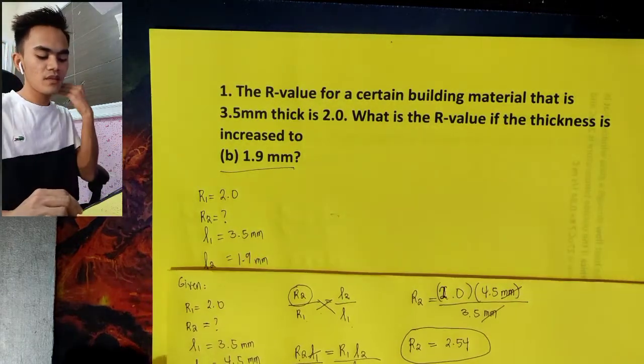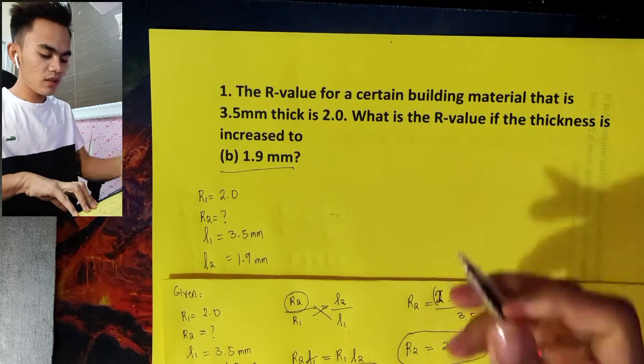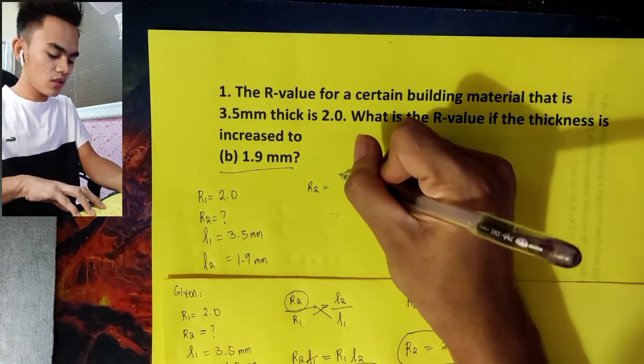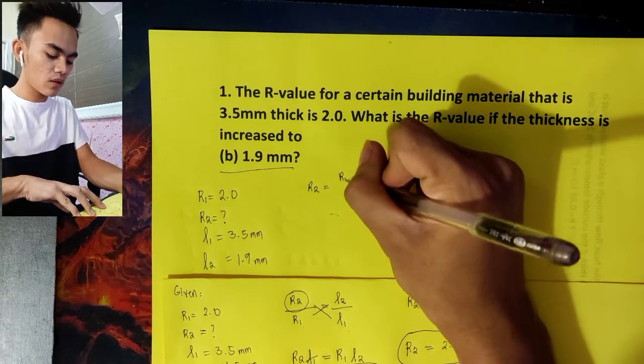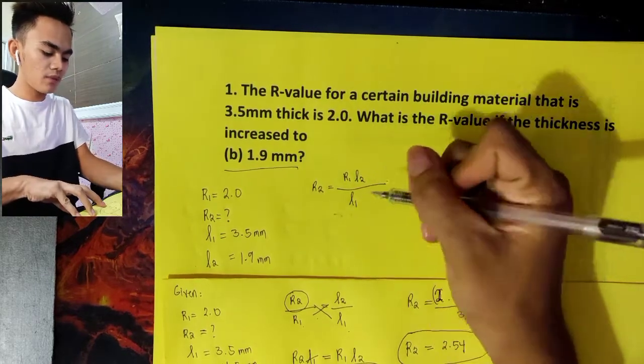Since we already have our formula, let's just use this one: R2 is equal to R1 L2 divided by L1.